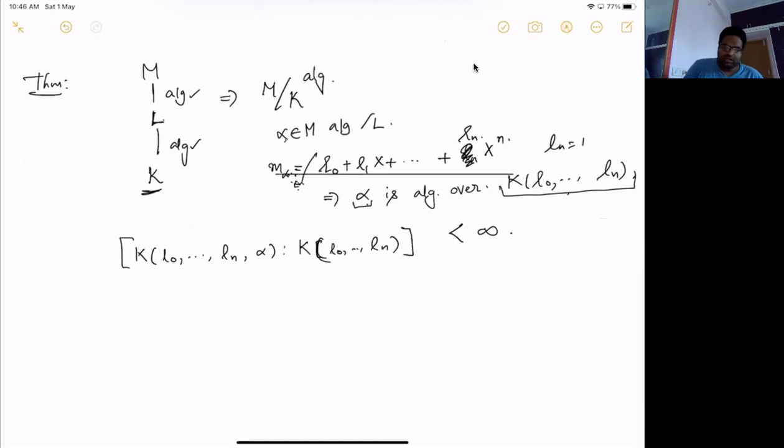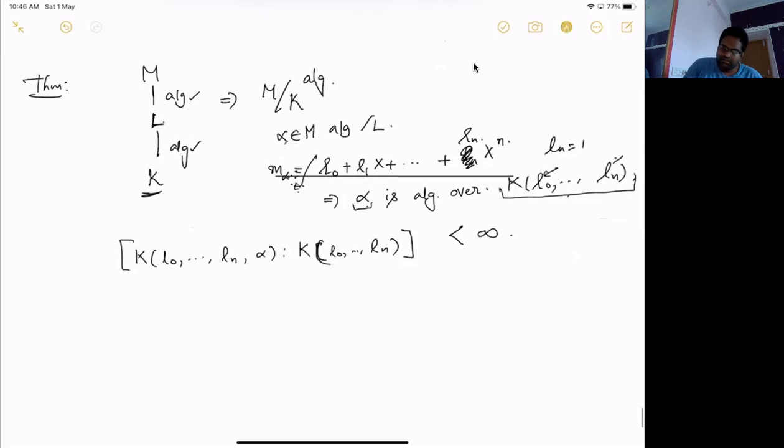Okay. Now, since each L0 belongs to L, and you know that L over K is also algebraic, by the previous theorem we discussed, if you consider this extension finitely generated by L0 up to Ln, and each of the elements L0 up to Ln is algebraic, then this is algebraic, and therefore this is finite.